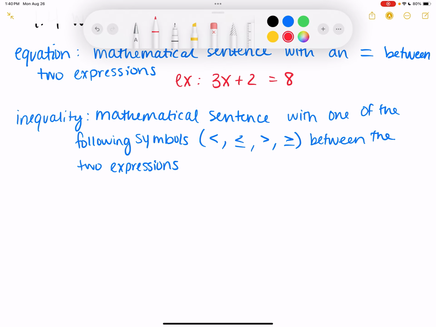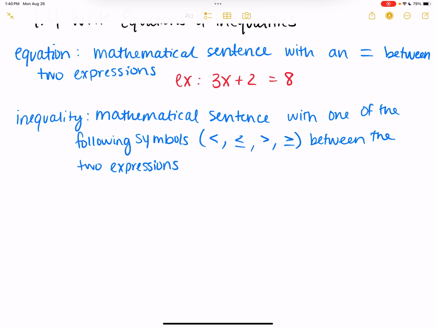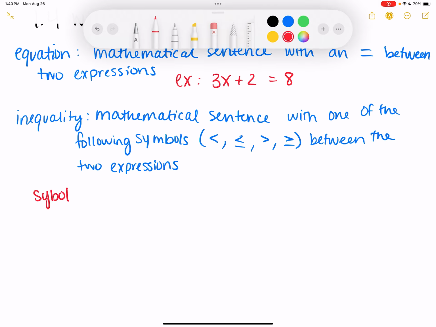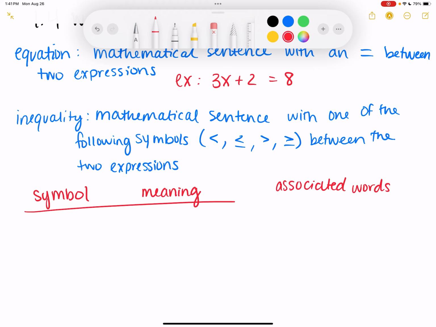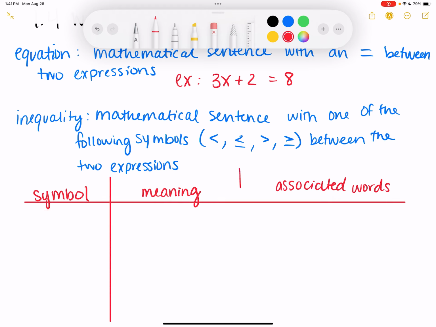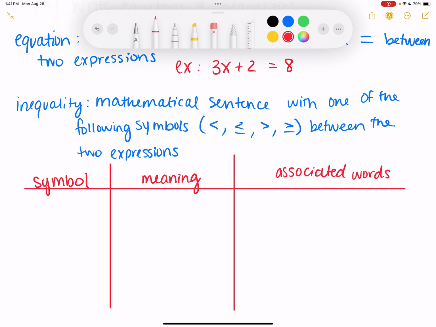So we're going to have a little table here. It's going to have a symbol, the meaning, and associated words. There's going to be 1, 2, 3, 4, 5 of them.